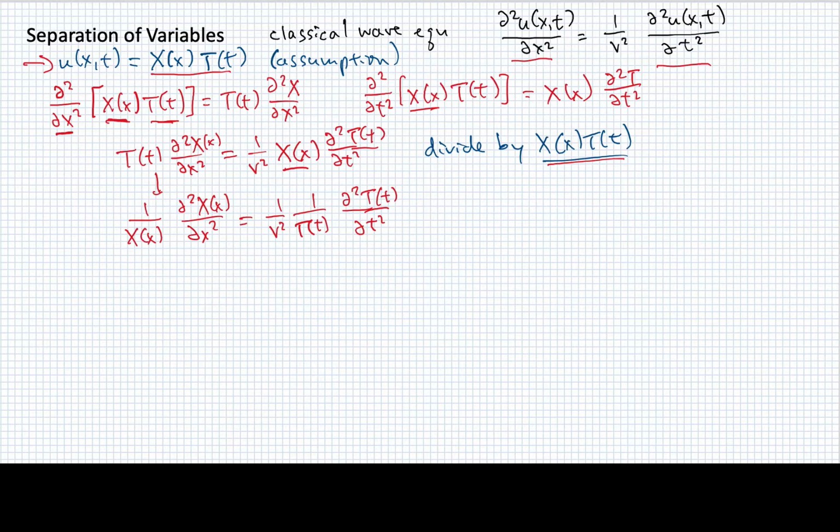Now, what I want you to note about this is that I've got a piece here that is only dependent upon x, and a piece over here that is only dependent upon time.